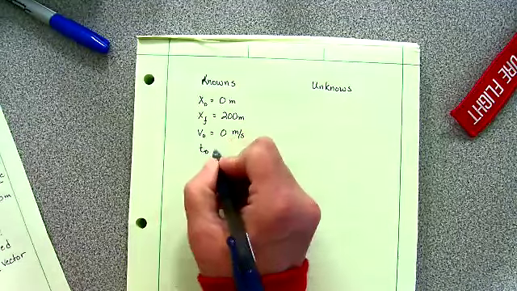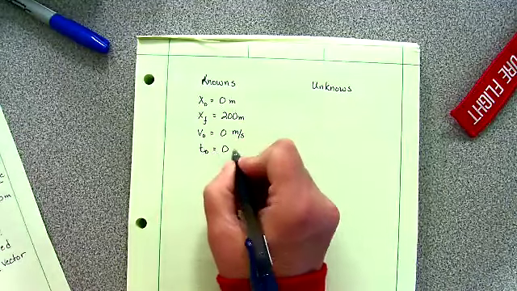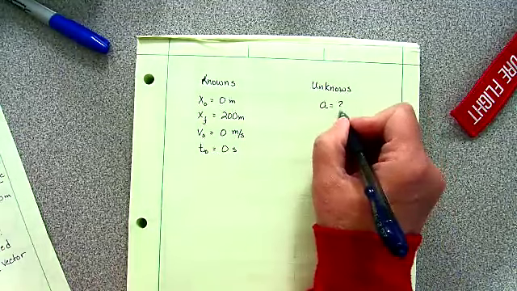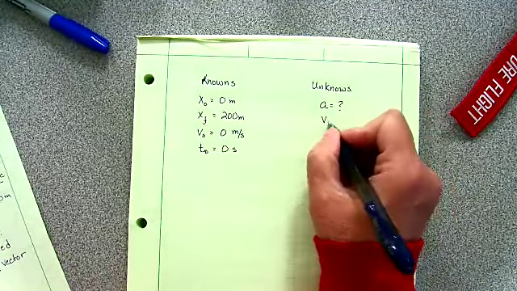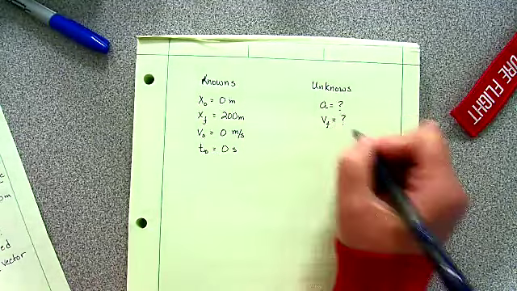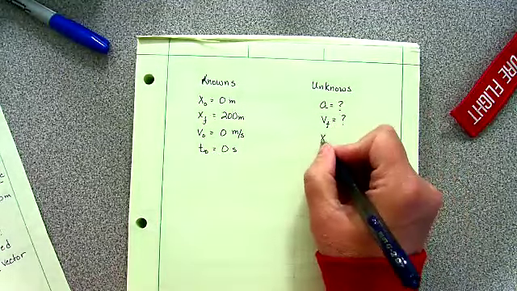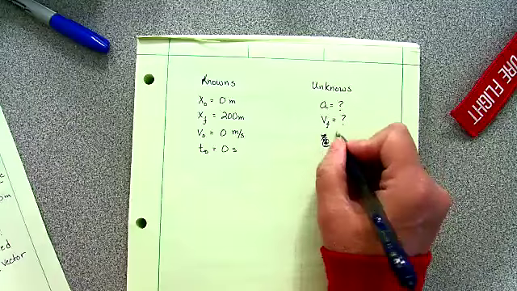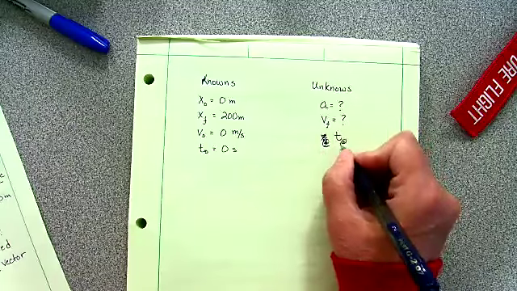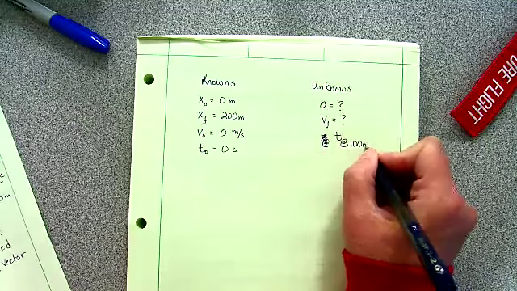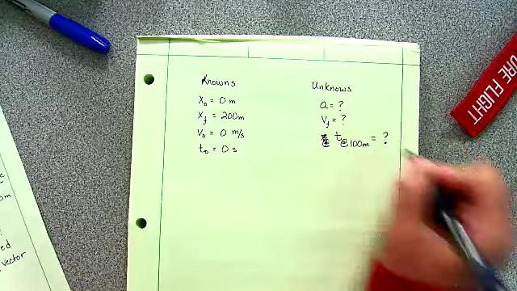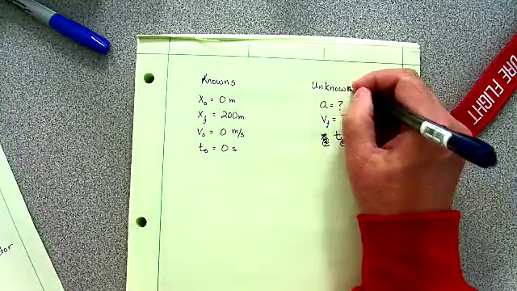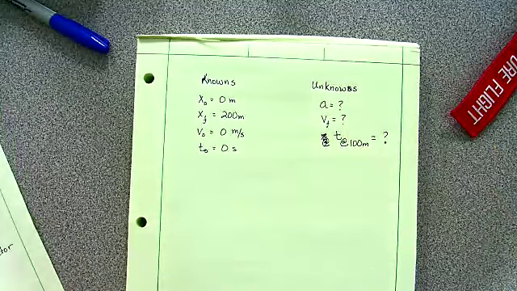We know our initial time. Our unknowns are acceleration, we don't know that. We don't know our final velocity. And we don't know the time at 100 meters. Those are the things that we don't know.